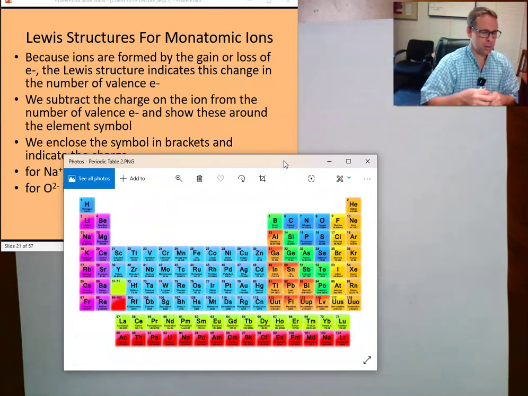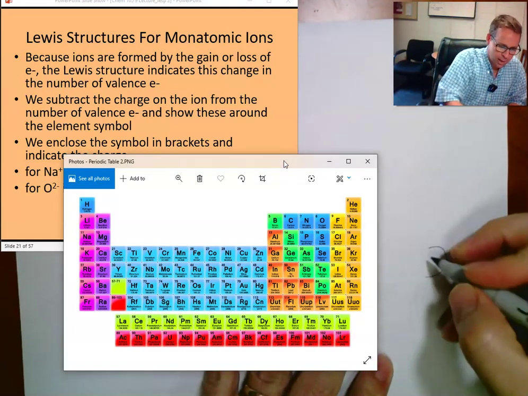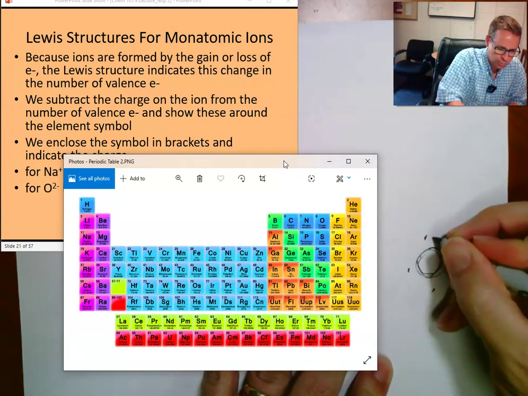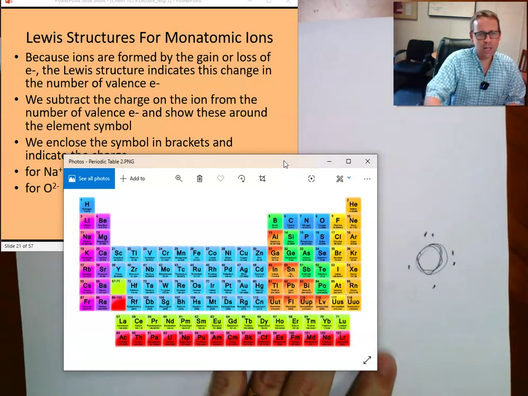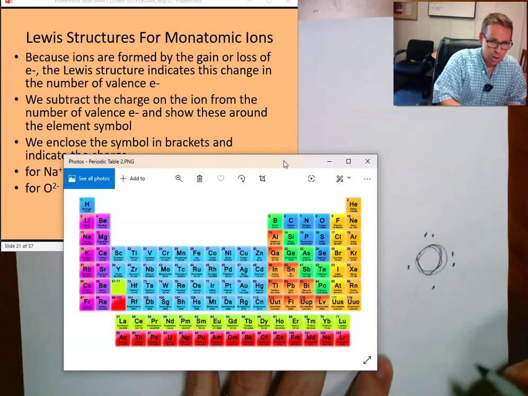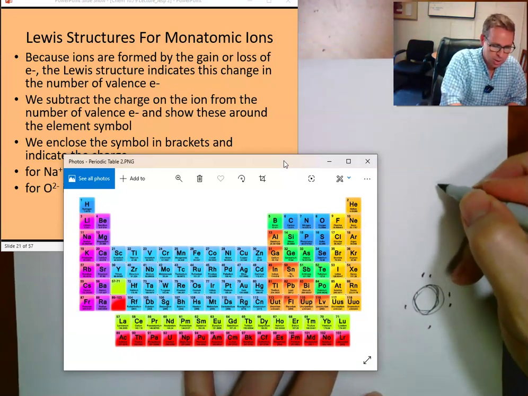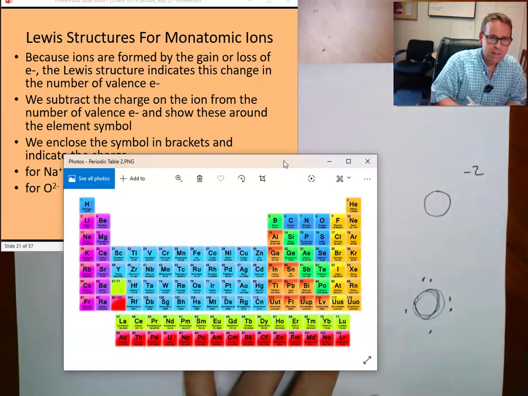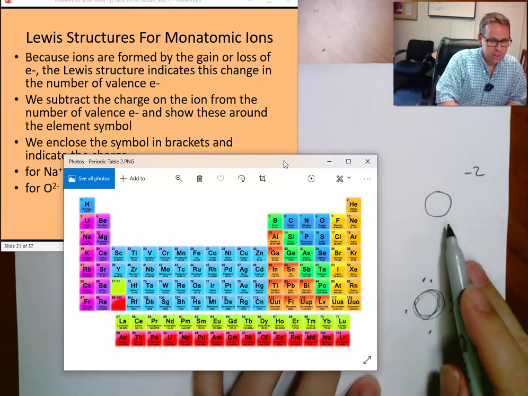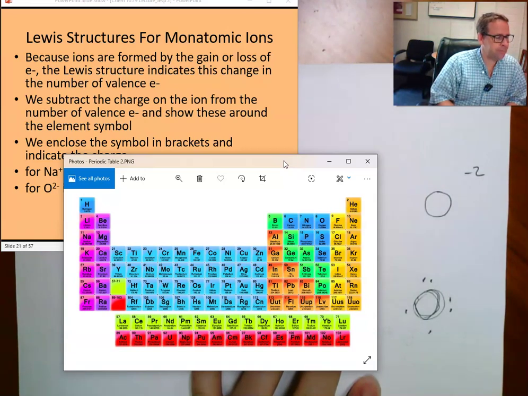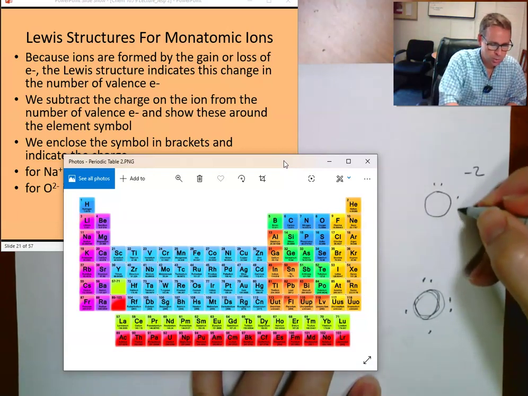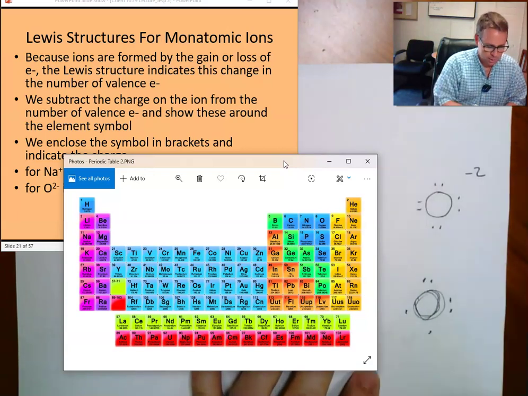And if we're going to draw the Lewis dot structure for oxygen, 1, 2, 3, 4, 5, 6. Now, Chance, if I wanted to draw above it the Lewis dot structure for the oxygen 2- ion, how many electrons would I add there? 2 more. That's right, 1, 2, 3, 4, 5, 6, 7, 8.